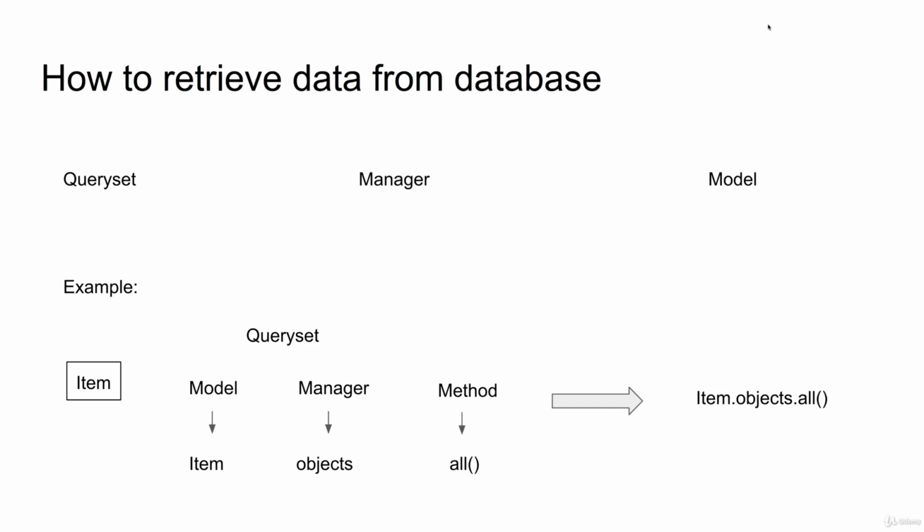So here item is a model, objects is the manager of the model which is item, and then we have this all method which makes sure that we get all the objects stored in that particular database table. So this is how querying a database or querying a model in Django actually works.